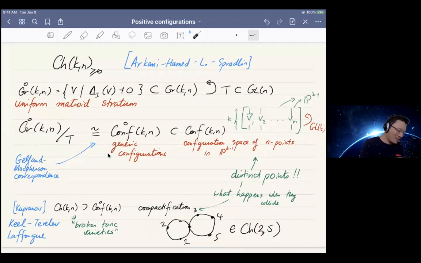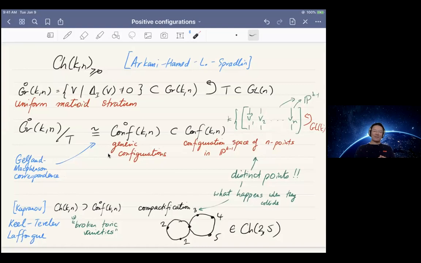Now, Kapranov defined the Chow quotient of the Grassmannian, and it was further studied by Lafforgue and Tevelev, and they realized that the combinatorics of the Chow quotient is related to decompositions of the hypersimplex into matroid polytopes.